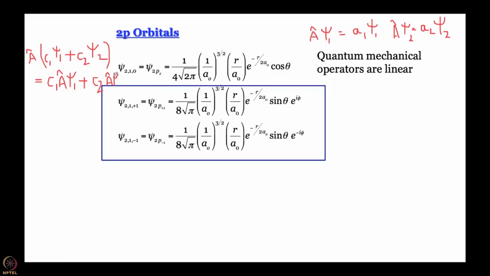This is the meaning of an operator being linear.